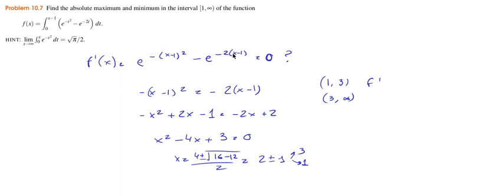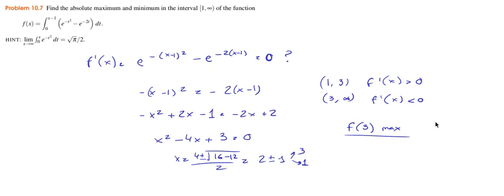E to the minus 2 is smaller than e to the minus 1, so f is increasing in this interval. And after that, this is going to be decreasing, right? So at 3 there's a maximum, obviously, and f at 3 is a maximum. Then the function is decreasing after that.